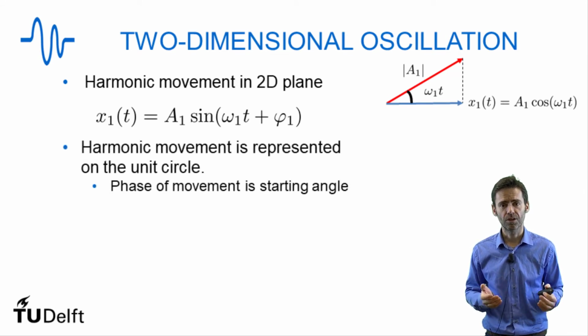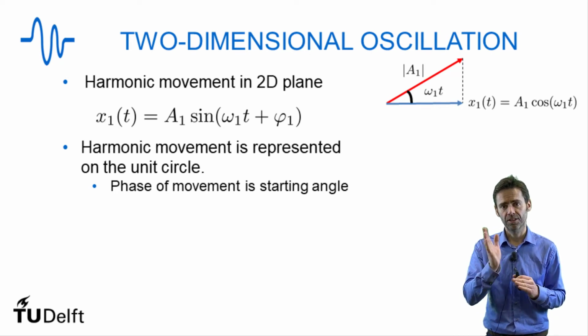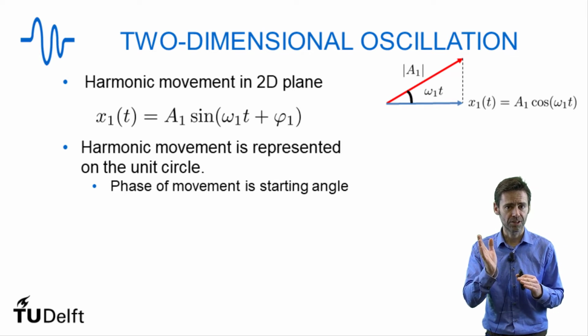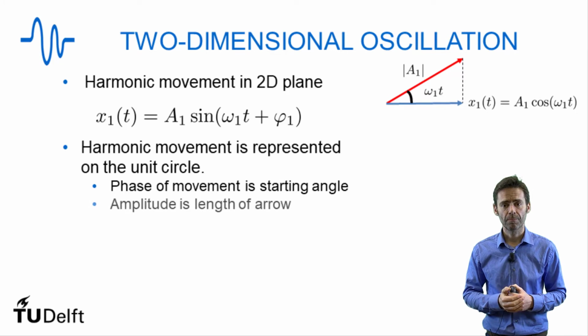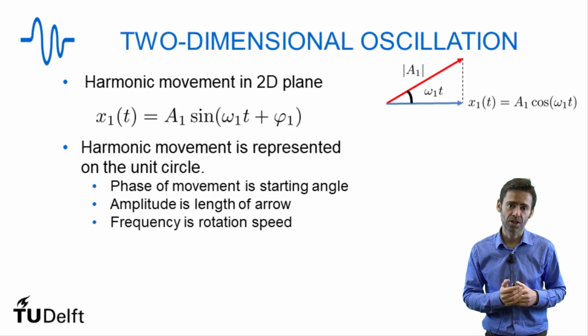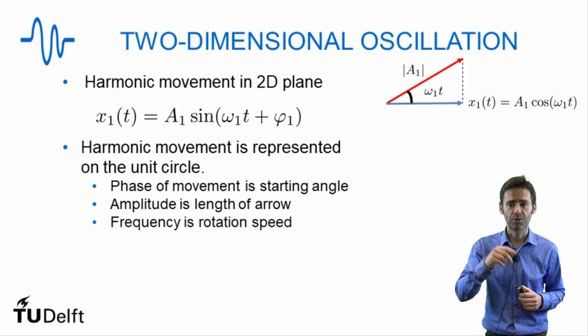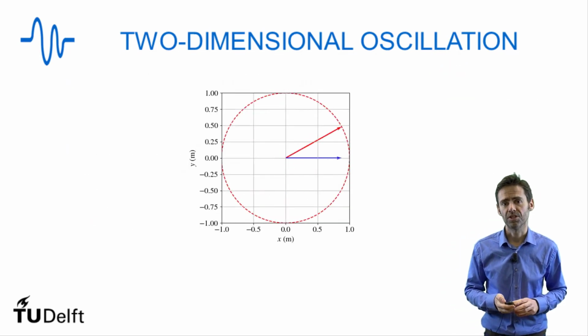So the harmonic oscillation can be represented by a vector where the phase of the vector, the starting point of the vector, is essentially the phase of this sinusoidal movement. The amplitude of the harmonic oscillation is the length of the vector, and the frequency of the harmonic oscillation is the rotation speed of the vector in this plane, as you can see here in this representation.